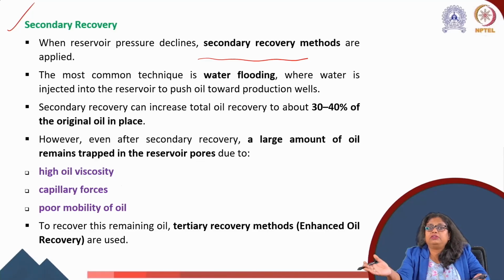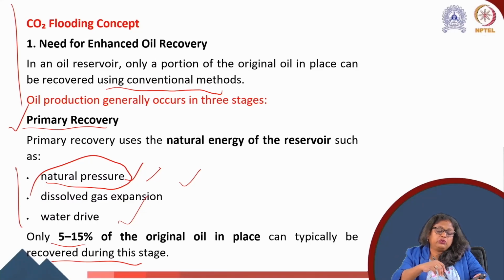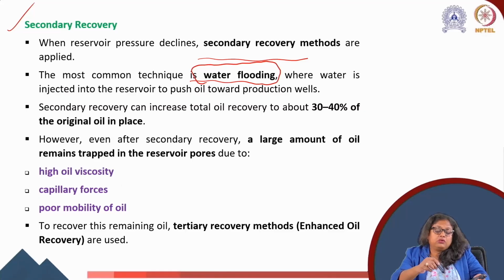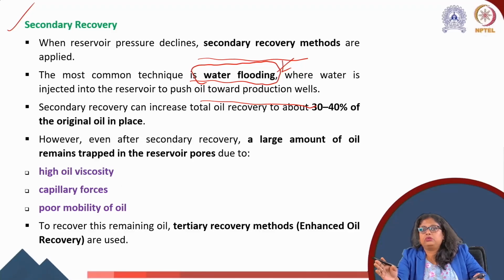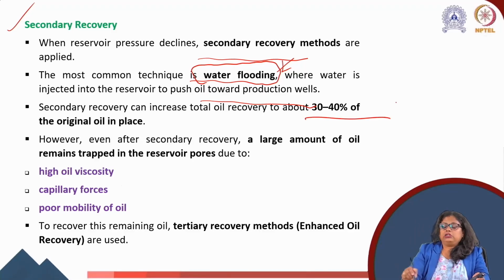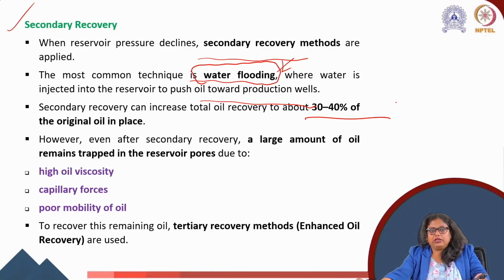The most common technique is water flooding, where water is injected into the reservoir to push oil towards the production well. We increase the pressure which was reduced during the primary recovery phase, and water flooding gives pressure maintenance as well. This secondary recovery can increase total oil recovery to about 30 to 40% of the original oil in place.